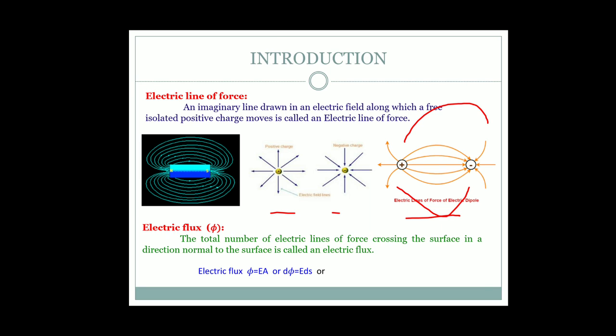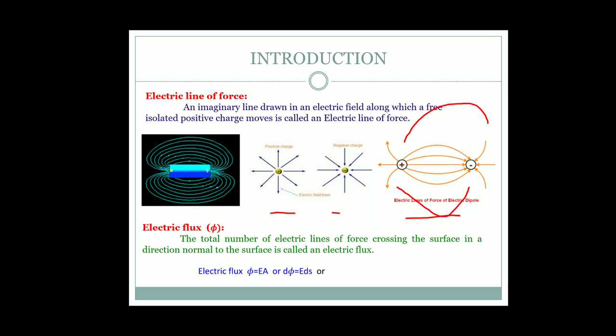So, what is electric flux? We know there are a number of lines of force we can draw in an electric field. The total number of lines of force passing normal to the specified surface area is called electric flux. In the definition of electric flux, we cannot specify a particular surface area, whatever its surface area.